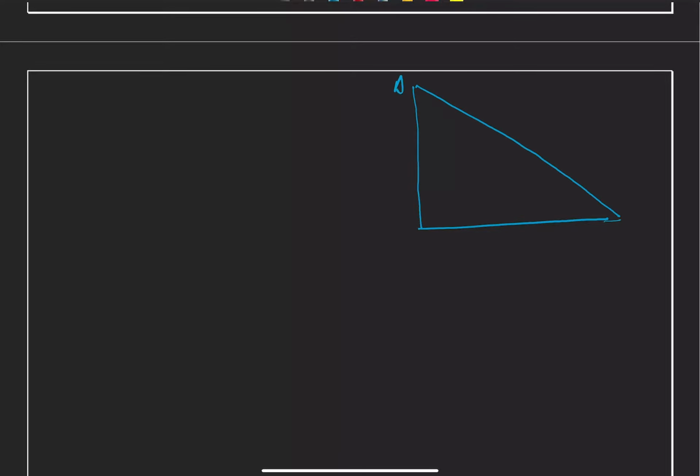This is our A, we have B, this is C, and once again we have the perpendicular, and this is our ray, and it should be going straight through, giving us 90 degrees.